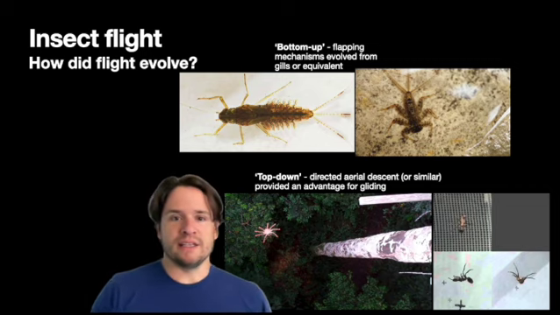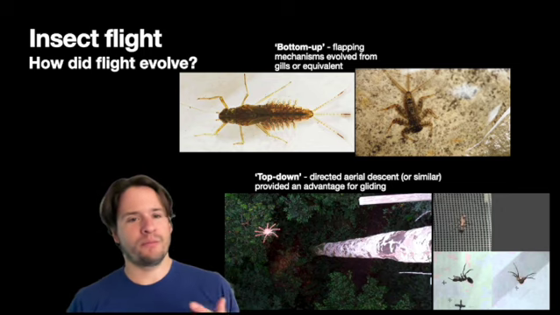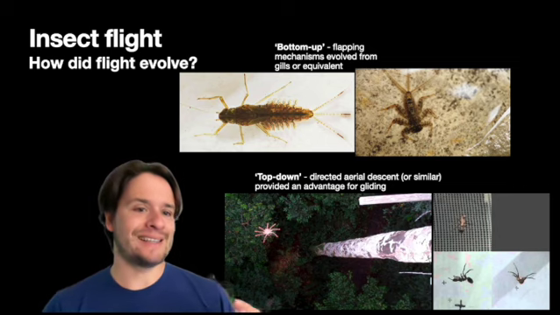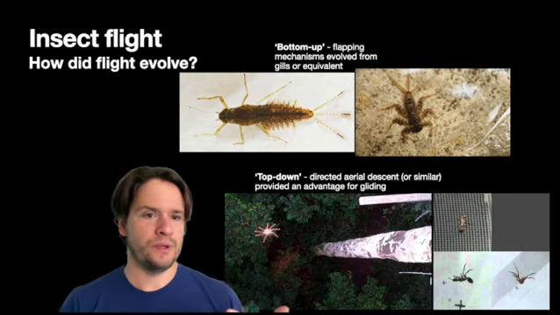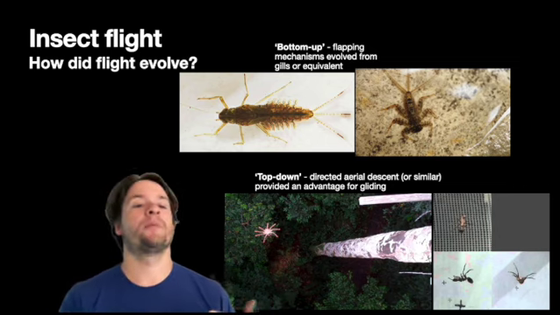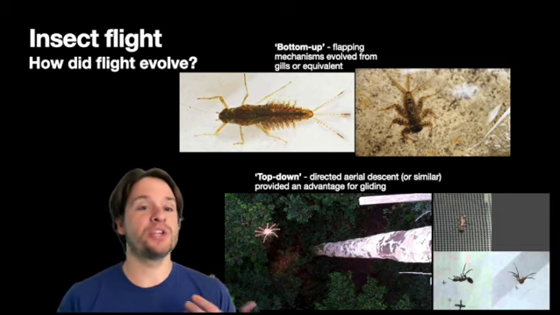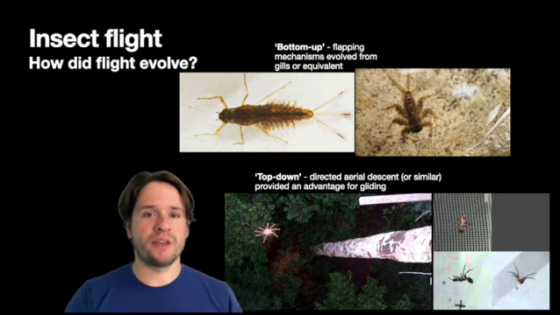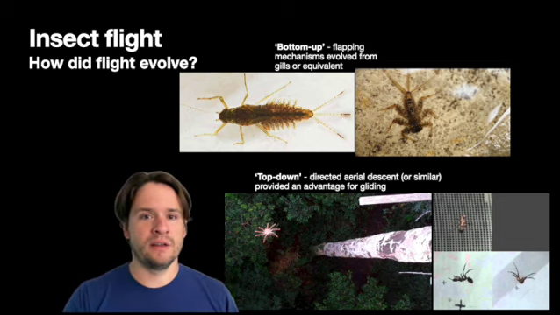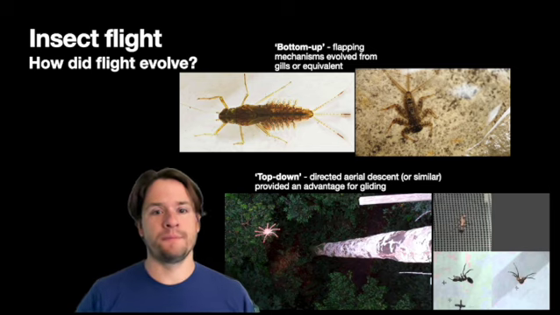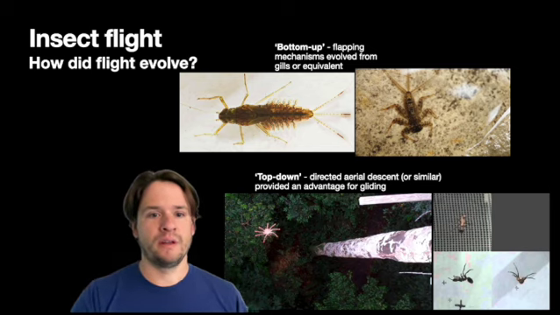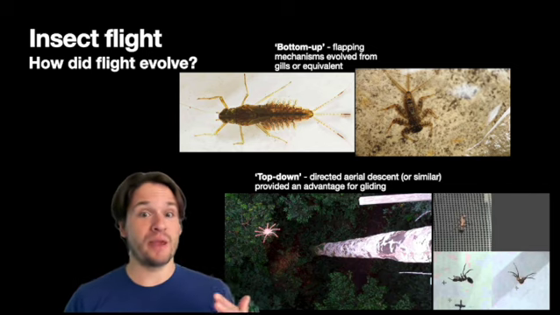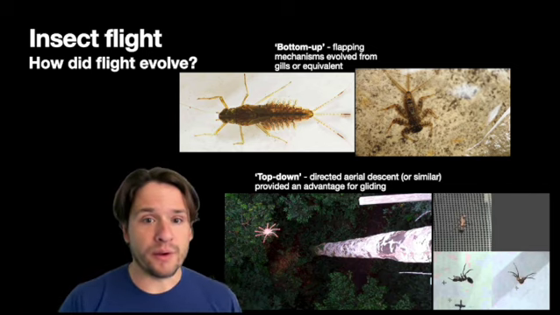So one of the ideas, roughly, you can think of as the bottom-up idea, is that some kind of existing morphological or physiological adaptations maybe provided some initial advantage for something that became flapping wings. One of the interesting candidates for this is gills that are present in stoneflies, mayflies, and many other groups.